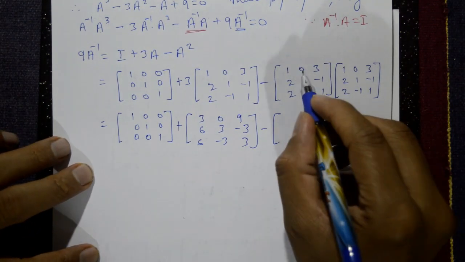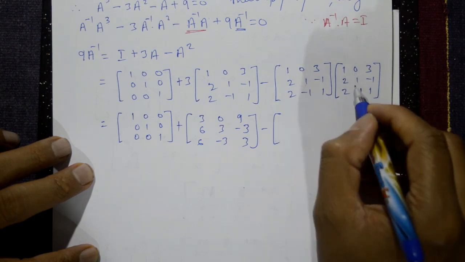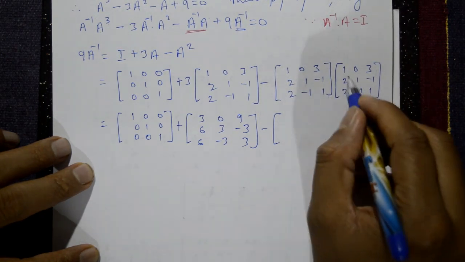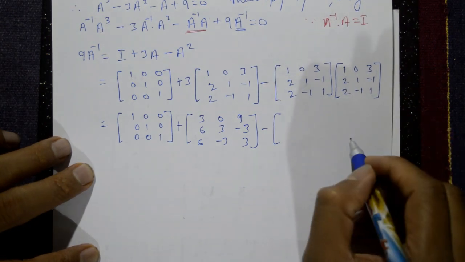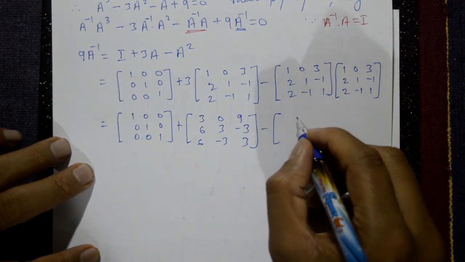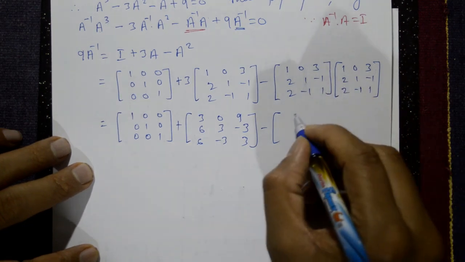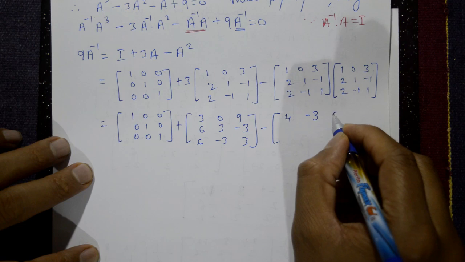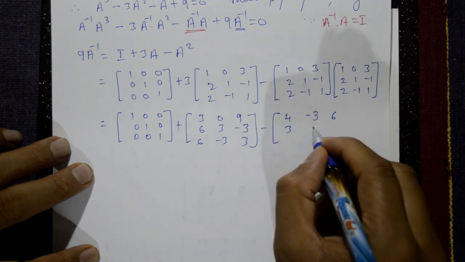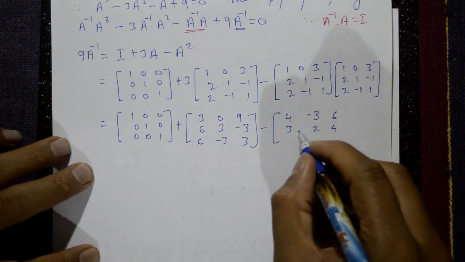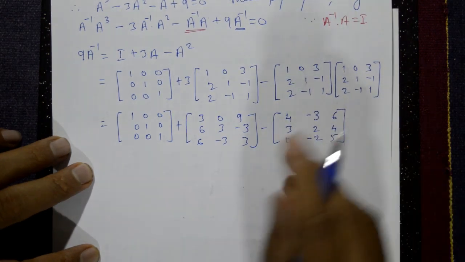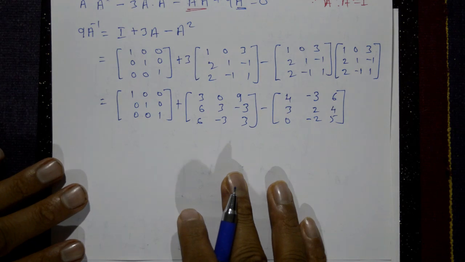For the multiplication, row into column: first row, second row, third row into the first, second, third columns. After multiplication you get this matrix: 4 minus 3 6, 3 2 4, 0 minus 2 5.